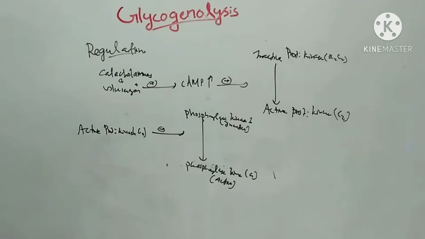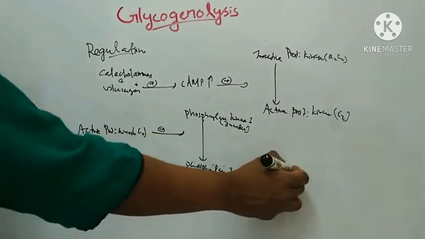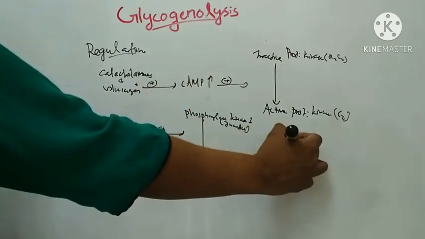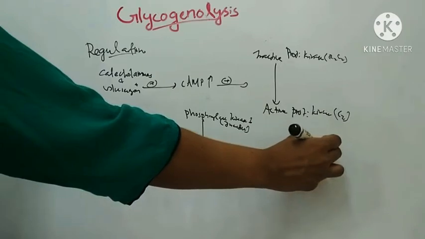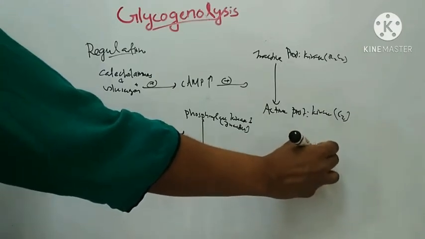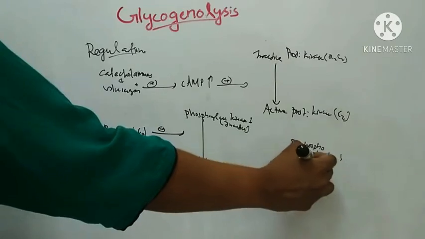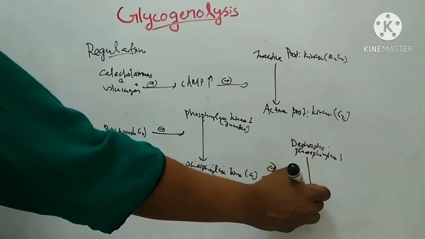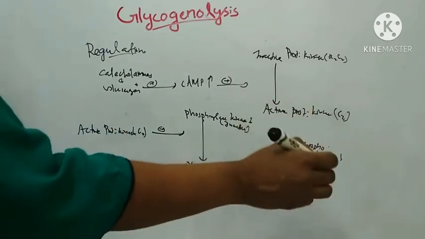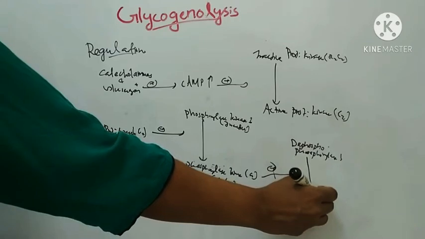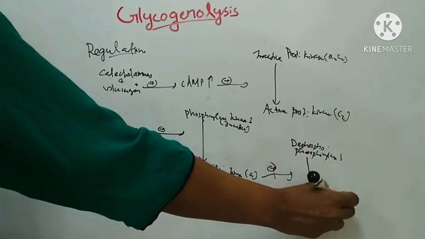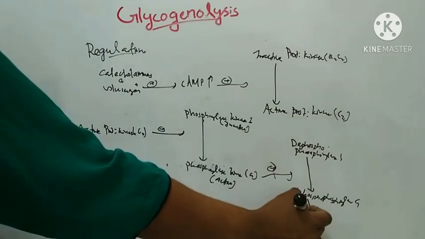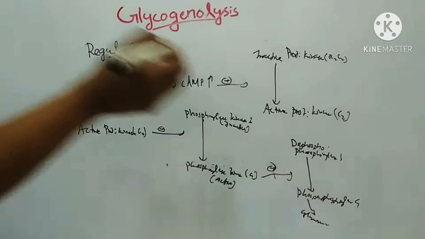Then this phosphorylase kinase A in turn phosphorylates the inactive phosphorylase B, which is converted to active phosphorylase A. Then it brings about glycogenolysis.